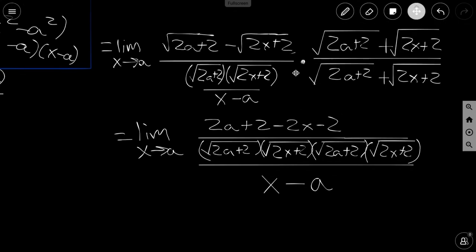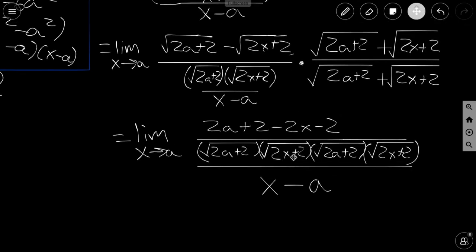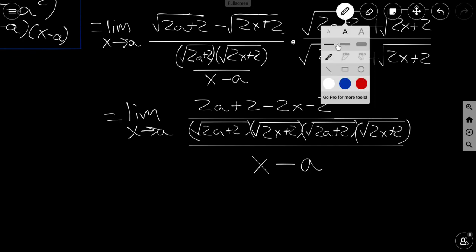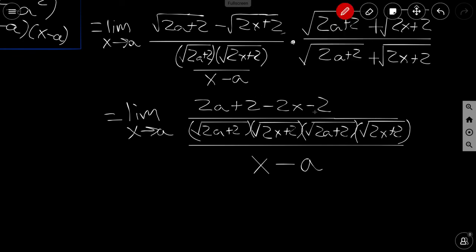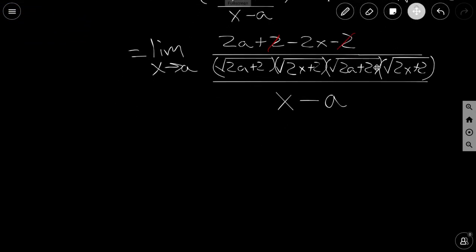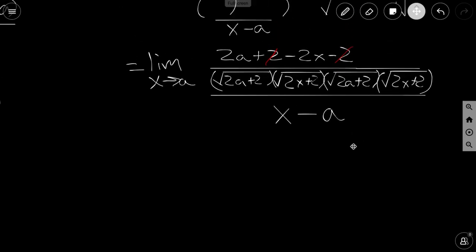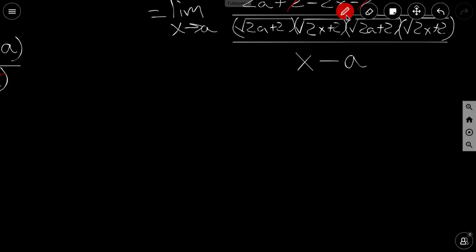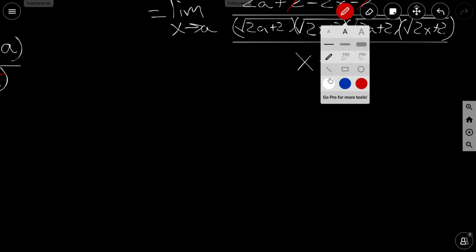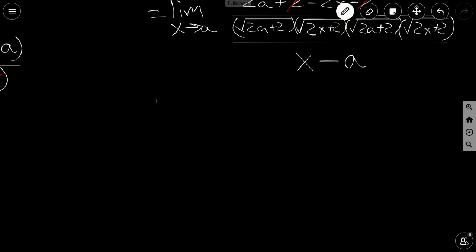Okay, yeah, so from this step, that's how you get to this step here. And you can cancel some stuff out like the 2. And also, let's just move on.